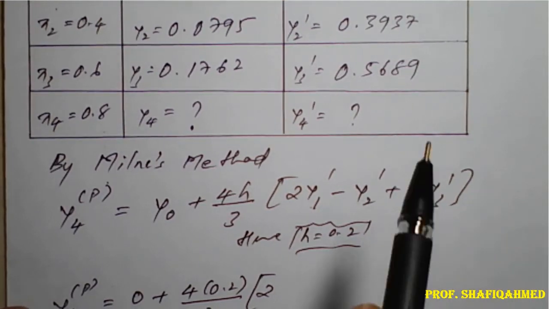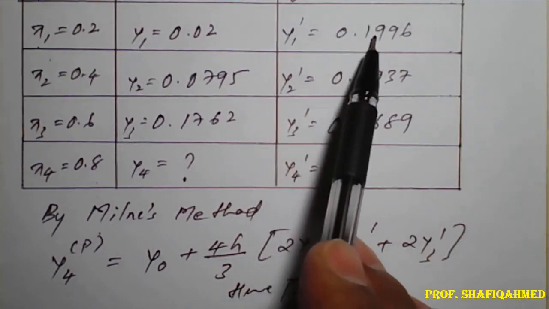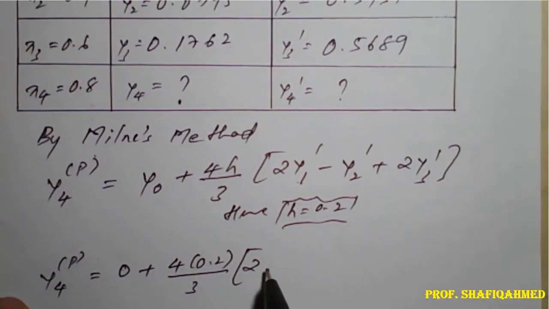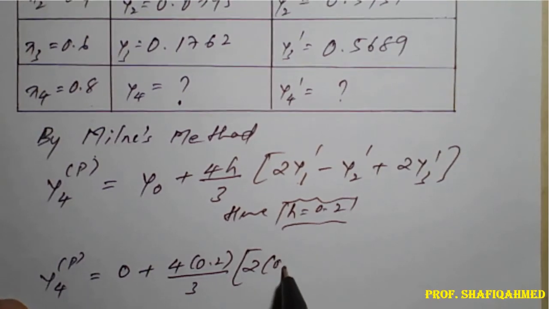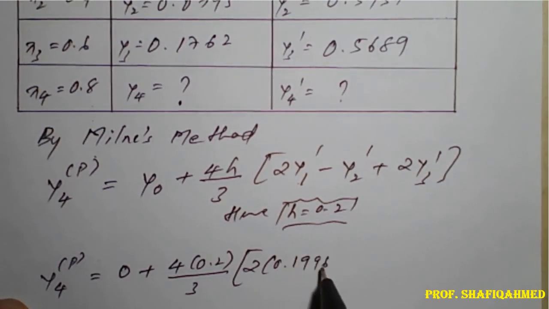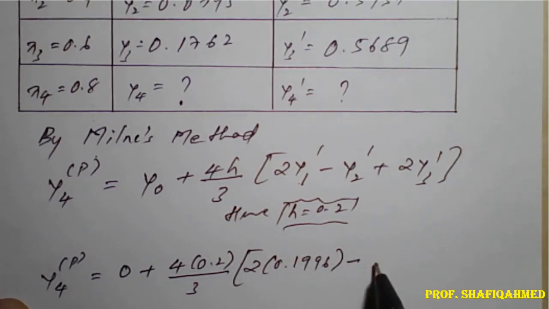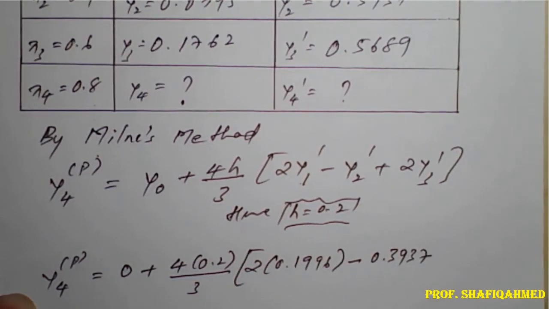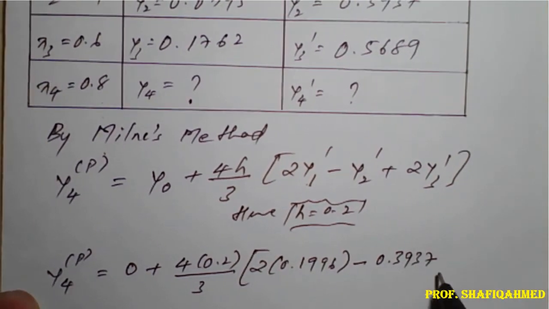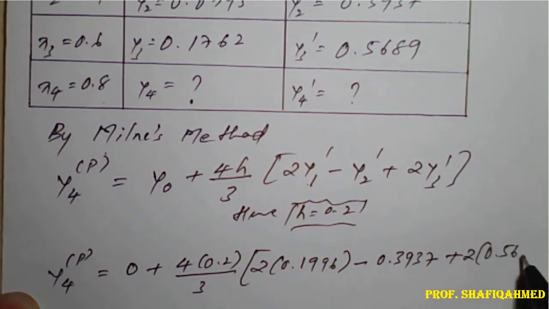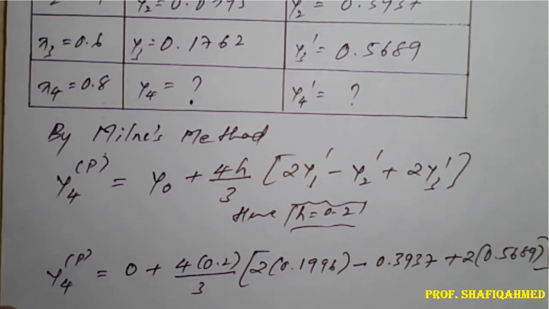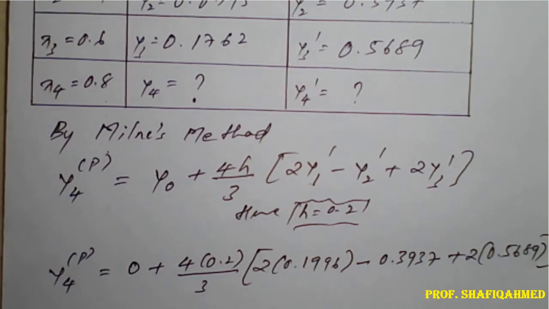The y1 dash value from the table is 0.1996. So it is 2 into 0.1996 minus y2 dash value, which is 0.3937, plus 2 times y3 dash, the y3 dash value is 0.5689. Close the bracket. Now we'll calculate with the help of the calculator.